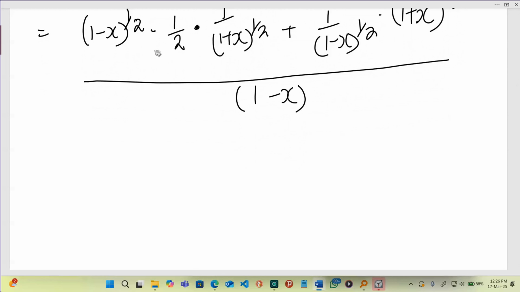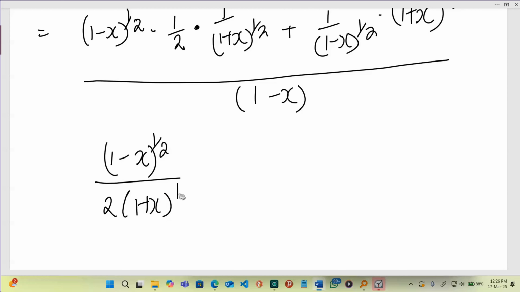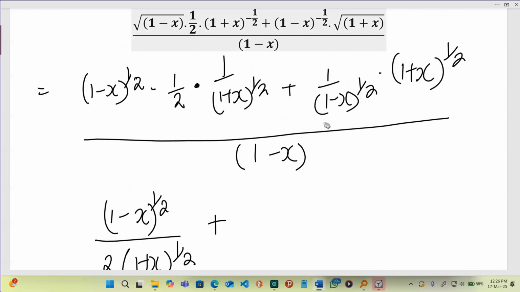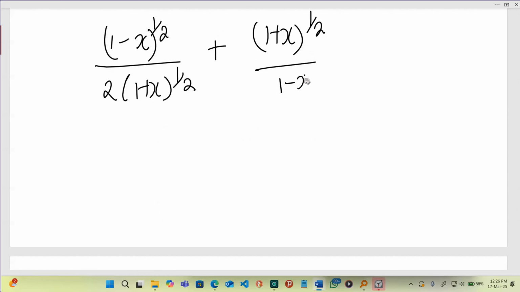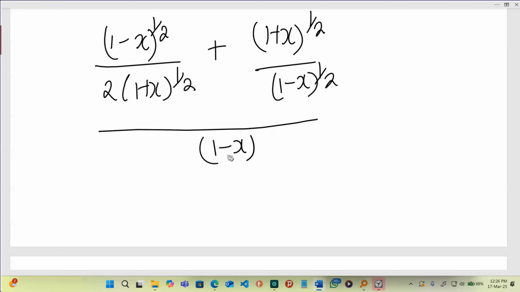So this is going to be (1 minus x) power a half divided by 2 into (1 plus x) power a half, adding (1 plus x) raised to a power a half divided by (1 minus x) to power a half, and then everything is divided by 1 minus x.